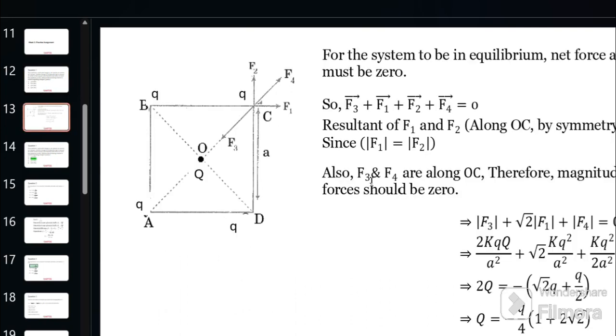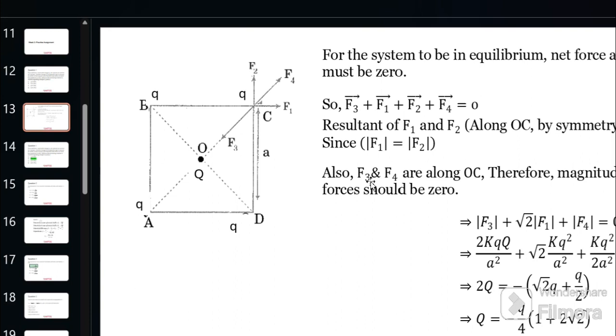We basically take the equilibrium for only two charges, because if we take the equilibrium for the whole system, all the charges at the corners will cancel out each other, and only the charge at the center will remain. So we just take the equilibrium between the two charges, and then we substitute that.